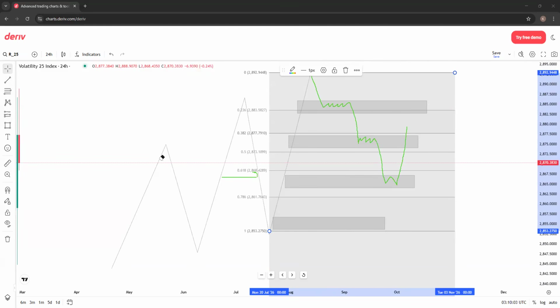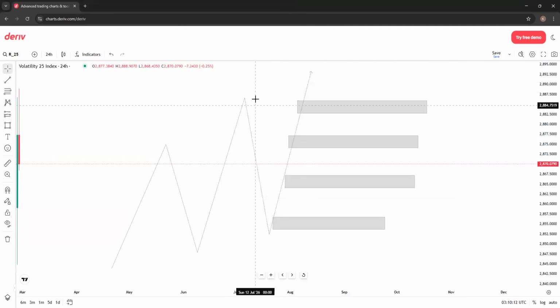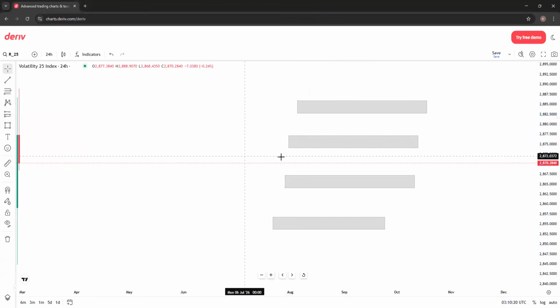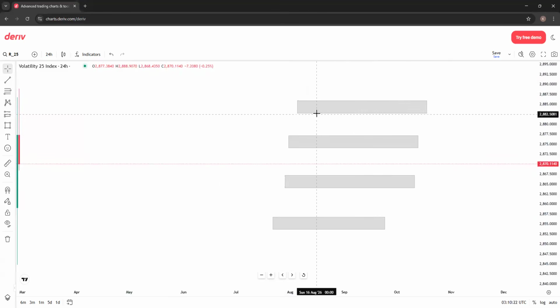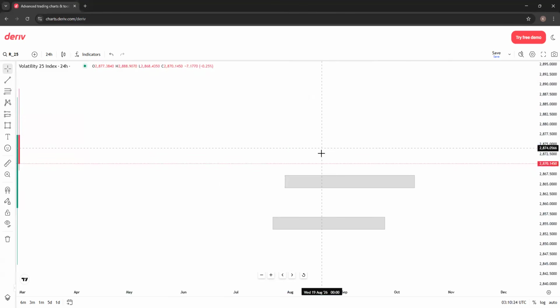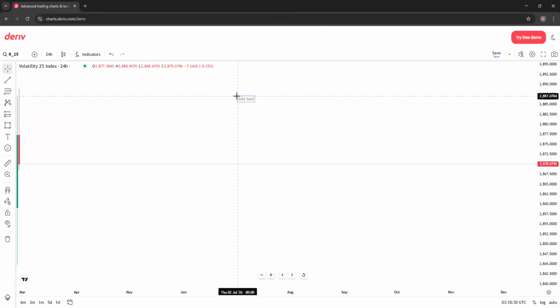Now, we have one of the most powerful combinations that we can ever have when we're having confluences in trading. Let me type it down so that we really get the full idea of it.